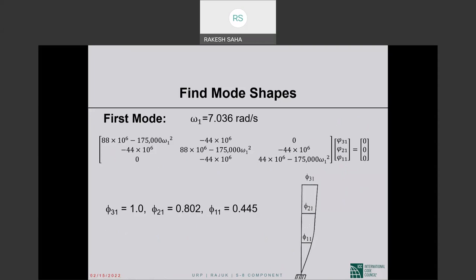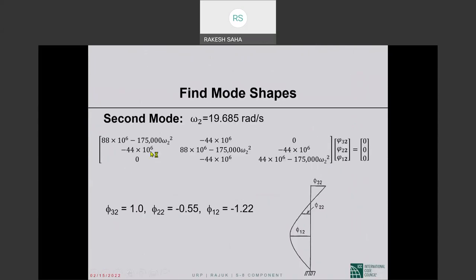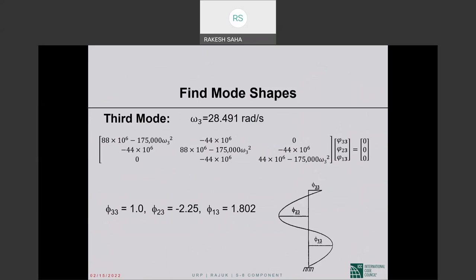Okay. So P31, P21, P11 defines for us the shape of the first mode. By writing omega equal to omega sub 2 in this matrix, we get the second mode shape vector, and that came out to these numbers. And these are still repeats of what I have already shared with you. By writing omega equal to omega sub 3, we get the third mode shape vector, which comes out to the numbers that you see here.